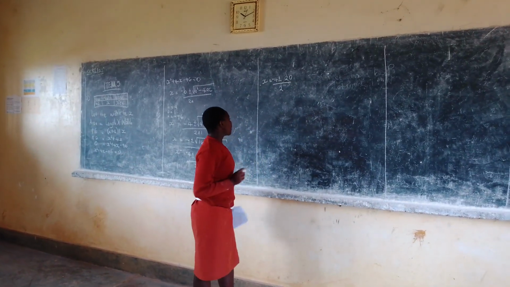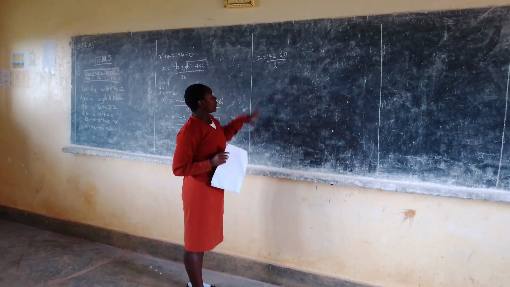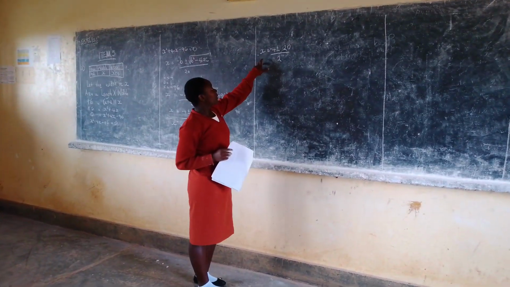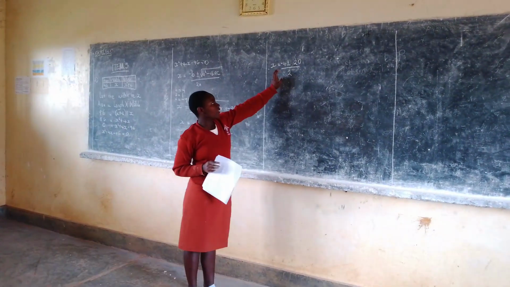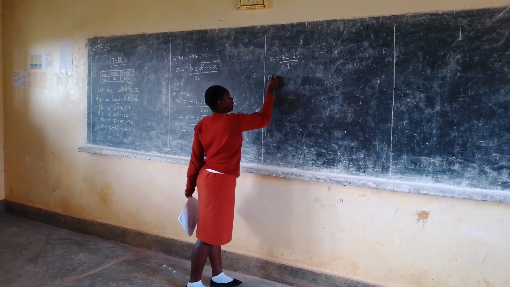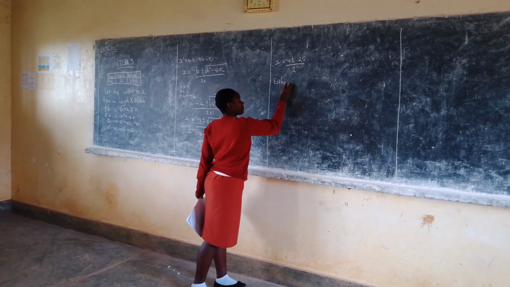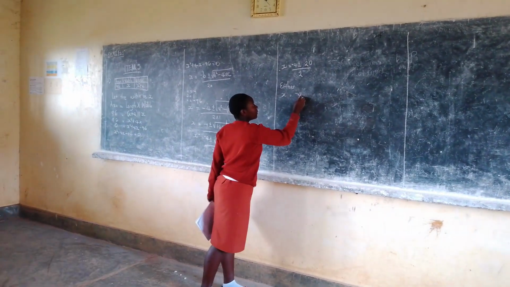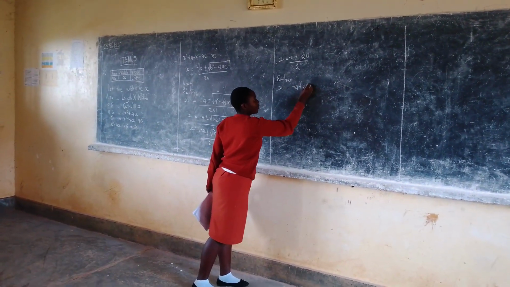So after writing here, we are going to use either a positive or a negative. So we are going to have either x equals negative 4 plus 20 over 2.